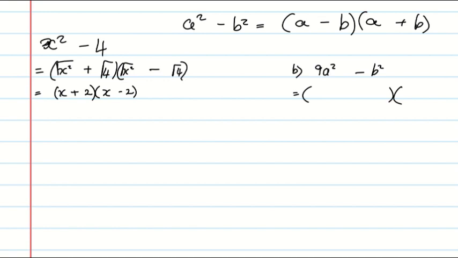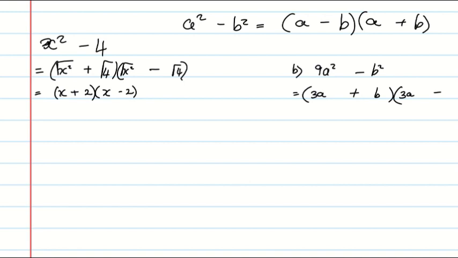What is the square root of 9? 3. And the square root of a squared is a. So I write that down, and then I ask myself, the square root of b squared is b and b. So that becomes a plus and that becomes a minus. You can see the example is quite easy for us.